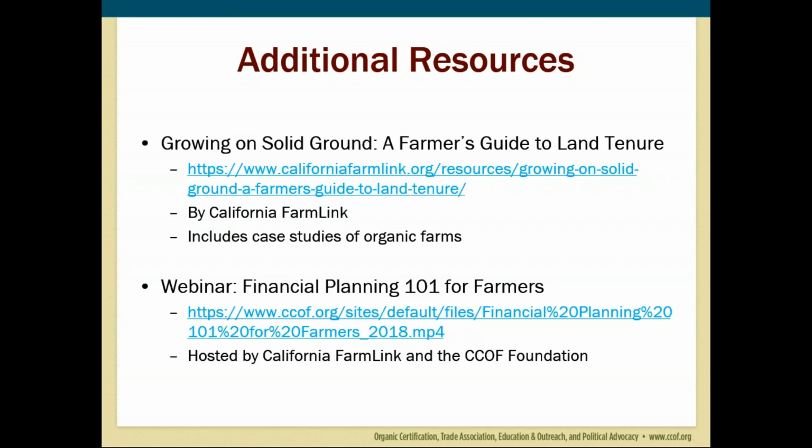So there are some specific things that you might want to think about when you're drawing up leases, or that you could put in your conditions for a sale that will help you on some of your organic certification, such as having proof of land history. When you go to get certified, if you include the proof of land history as a condition of the sale or lease, then you know you have that information for your certifier.